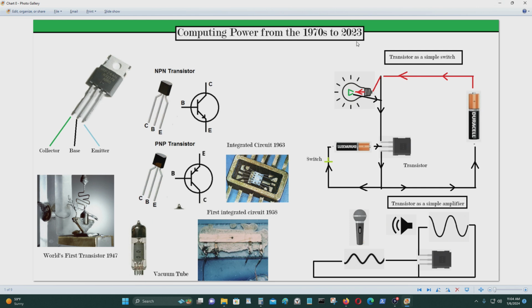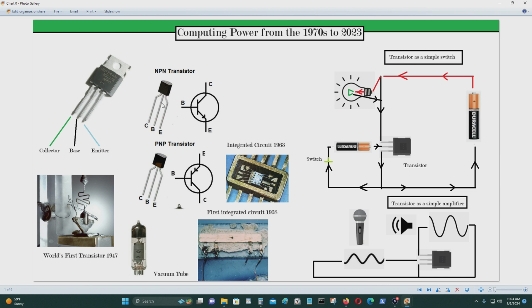So basically a transistor is a component which has three parts to it. So this is a basic transistor. It has a collector, base, and an emitter. And there's two different types of transistors. One is called NPN transistor and the other is called PNP transistor.